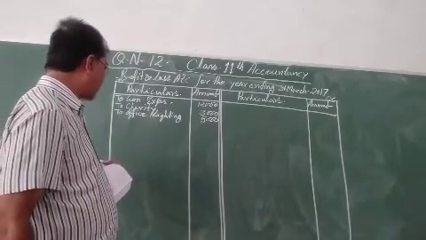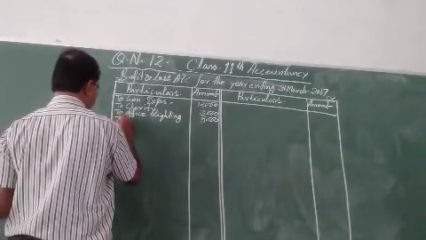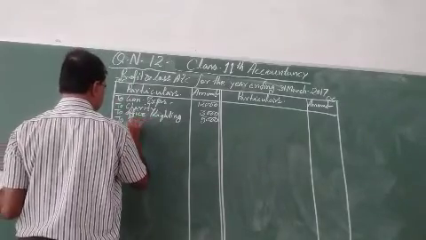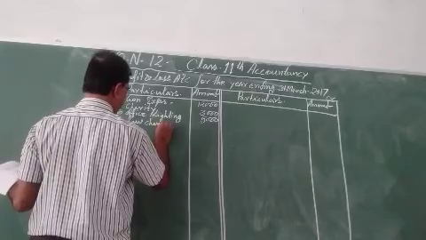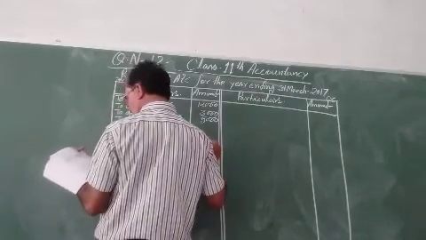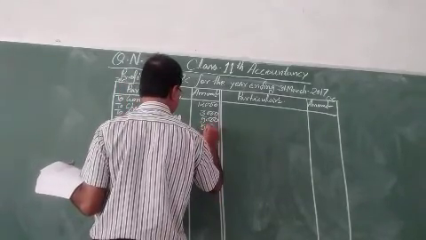Office lighting 5,000. Next, law charges: whatever expenses were incurred during the assessment year, these are law charges, indirect expenses, so recorded on the debit side of the profit and loss account. Law charges 5,800.